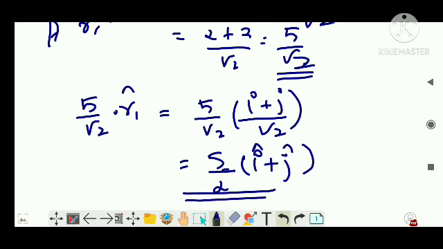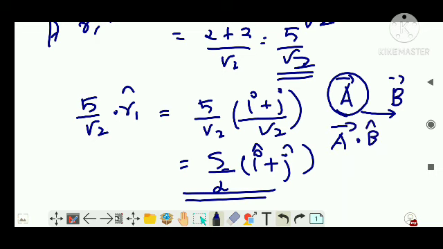Clear? This is how you are supposed to attempt this question. That is, if you are given a vector and you are asked, suppose there is another vector b, you are asked what is the component of vector a in the direction of b, then how would you write? Vector a dot b cap, that is, the b cap gives the direction of b. Clear?